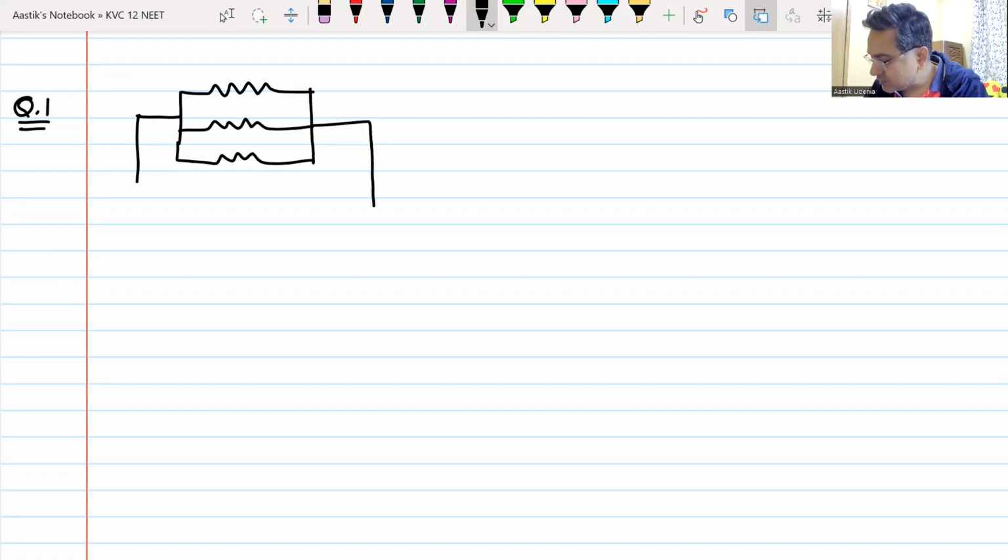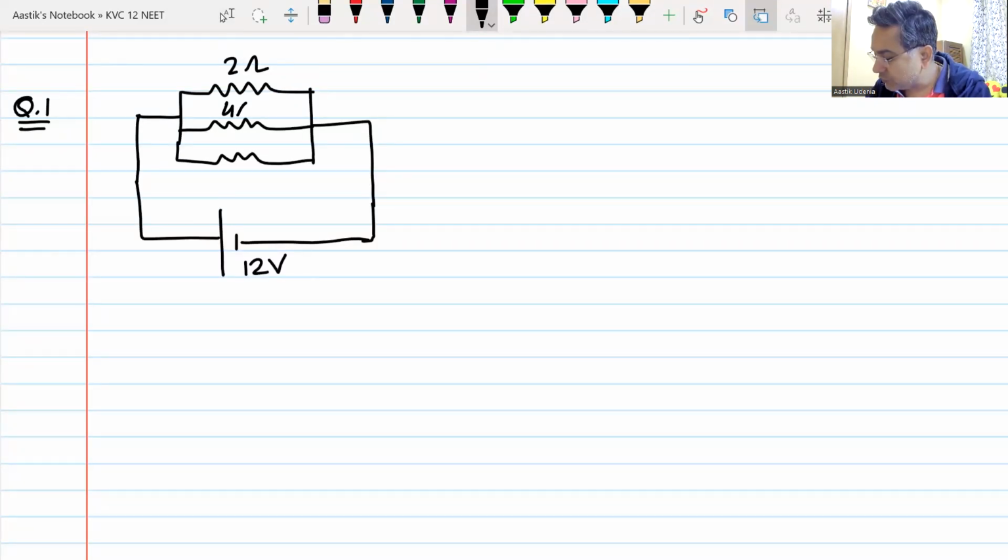These are three resistors which are connected in parallel, as you can see, across a battery which is 12 volt. This is 2 ohm, this is 4 ohm, and this is 6 ohm. So you have to find out the current in each resistance, the total current also.